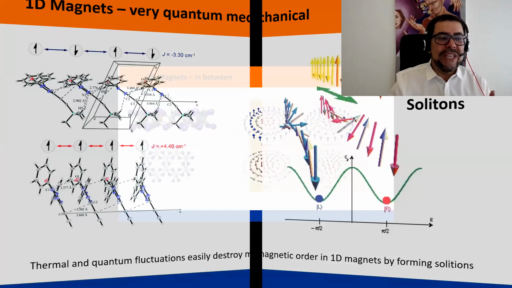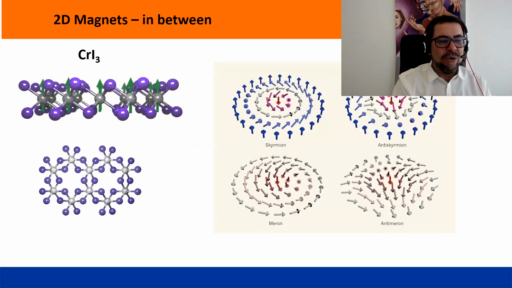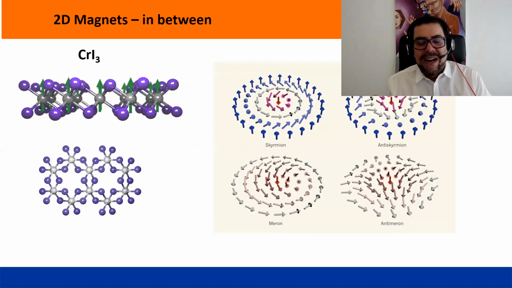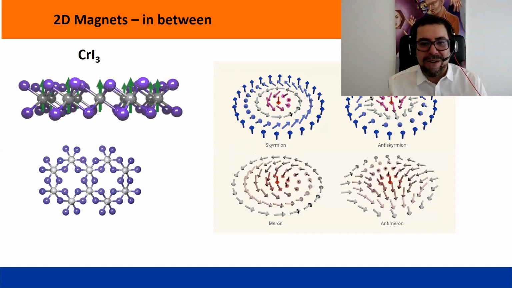Now, 2D, again, is a case in between. So there are materials like chromium triiodide, which has this beautiful structure here. The chromium atoms have magnetic moments, and it's exactly a mix. You can have ferromagnetic order or antiferromagnetic order, but now this magnetic order is essentially distorted by two-dimensional topological defects, like the ones I show here: skyrmions, merons, anti-skyrmions, anti-merons, and so on.